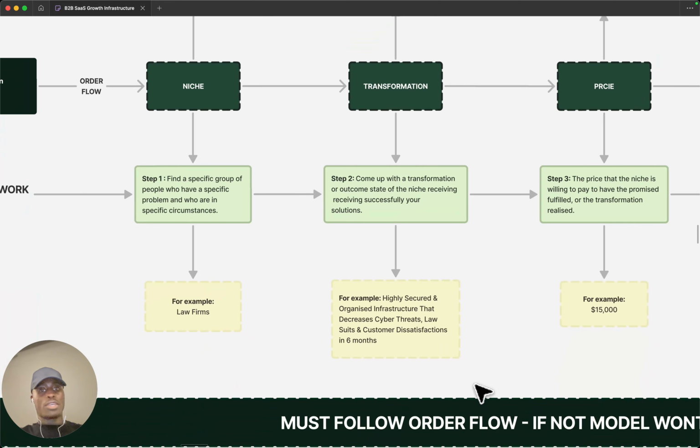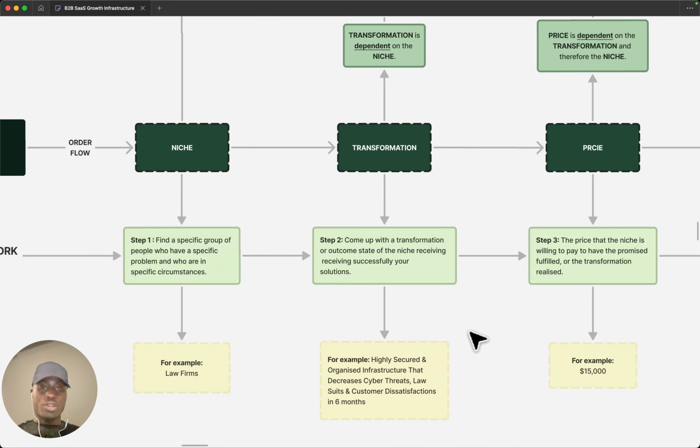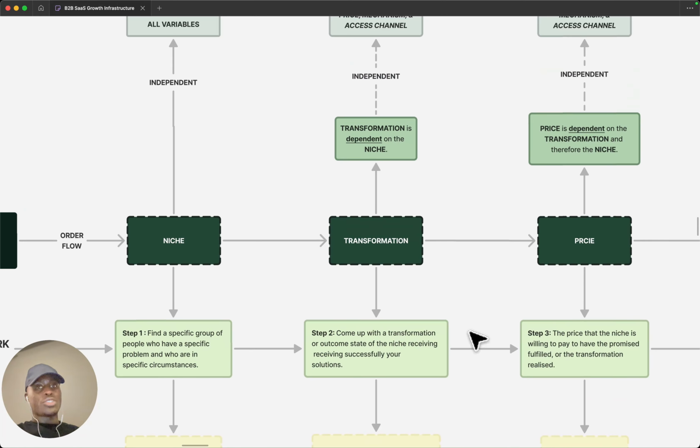For example, this can be targeted to cybersecurity: a secured and organized infrastructure that decreases cyber threats, lawsuits, and customer dissatisfaction in 6 months. This is an outcome, a transformation that your tool could deliver for the customer. And the transformation is dependent on the niche.